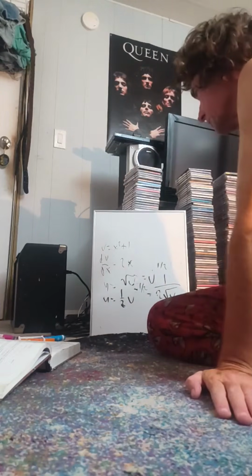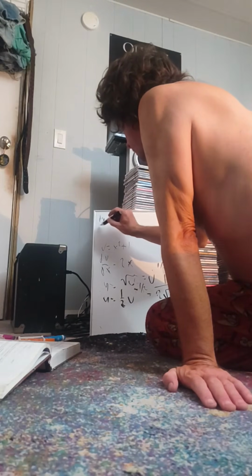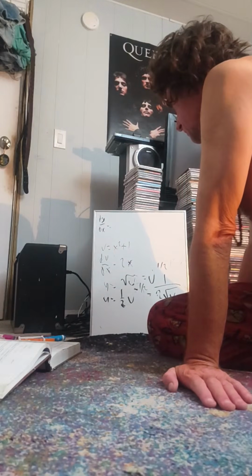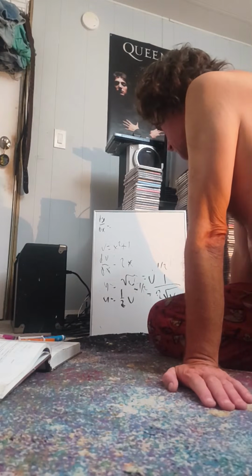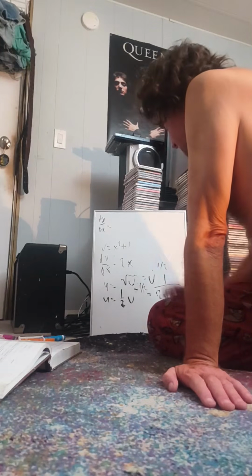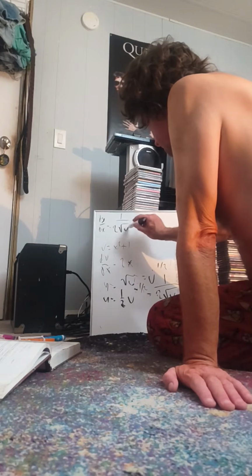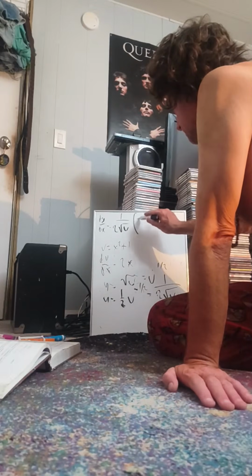Therefore, dy/dx equals dy/du, which is 1/2 square root of u, times du/dx, which is equal to 2x.